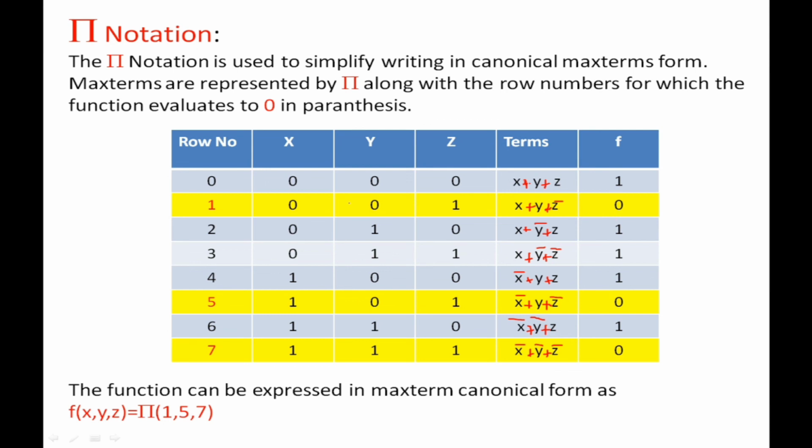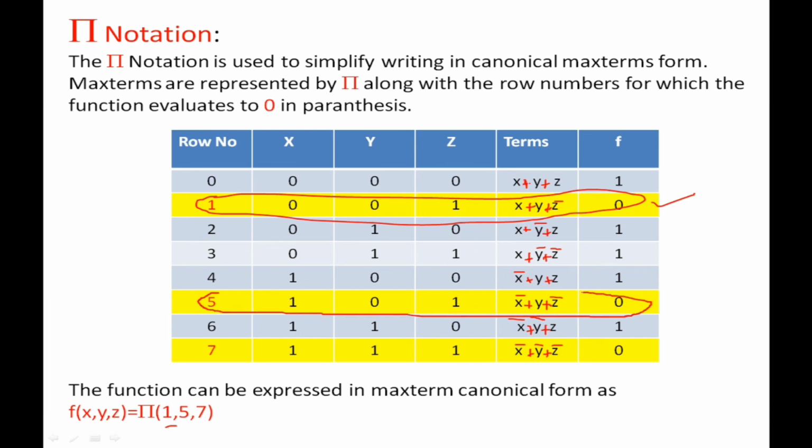Now you can see row number 1, the function is evaluating to 0. So this will be a part of my canonical maxterm function. Next we have row number 5, where the function is evaluated to 0, so 5 is going to be part of my canonical maxterm form.